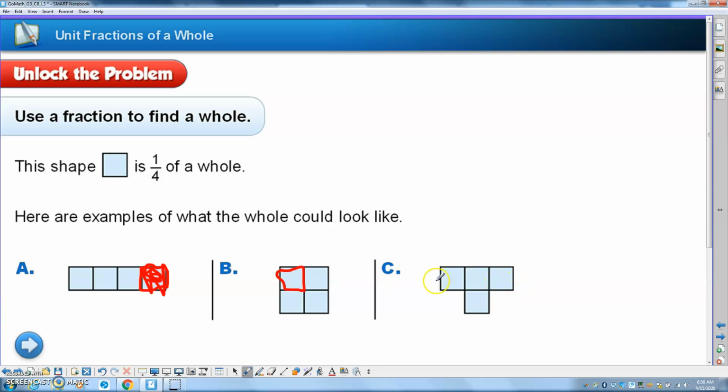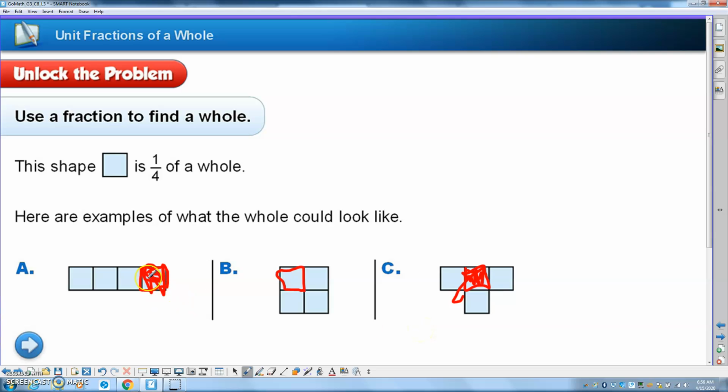Over here, there's another way that we can show a whole that has 4 equal pieces. Then we can shade in this one right here. This is the one we're counting. Not doing good with the pen today at all. Ooh, went outside the line a little there.